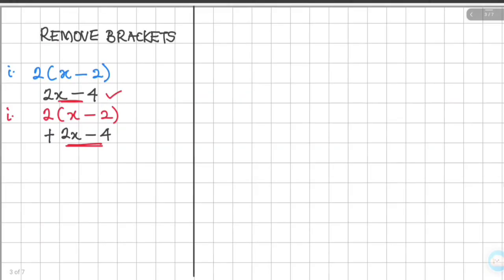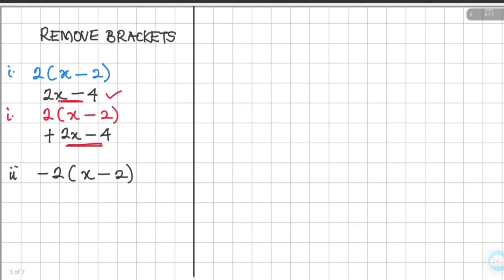Now let's say we have negative 2 into x minus 2. This negative 2 will be used to multiply everything inside this bracket, just like we did above. We should not forget that here is a plus sign, and here is negative 2 with its own negative sign. So the sign multiplies the sign, and the number multiplies the number and the variable. Minus times plus is minus, because minus is always more powerful than plus.